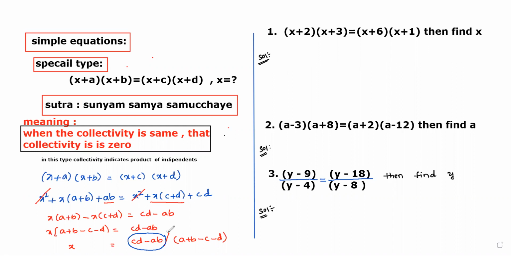Suppose the independent term difference is 0, then the total x value becomes 0. So by this observation, we can solve many problems very easily.